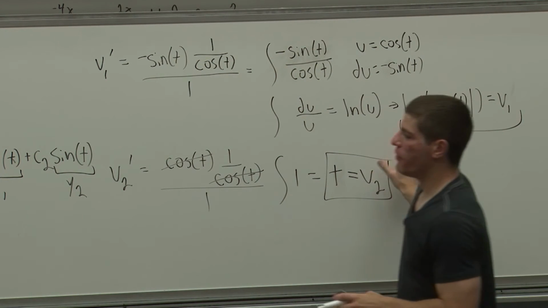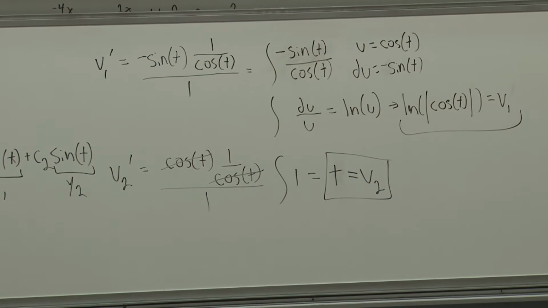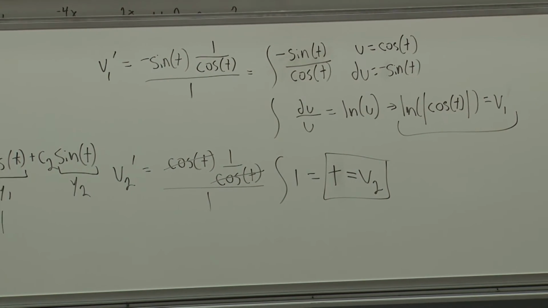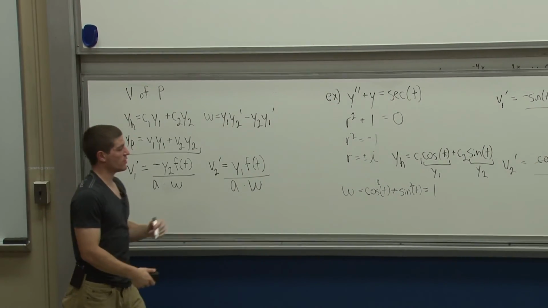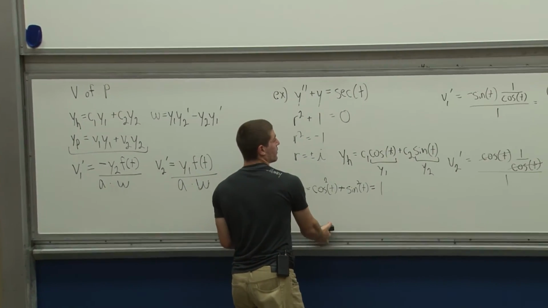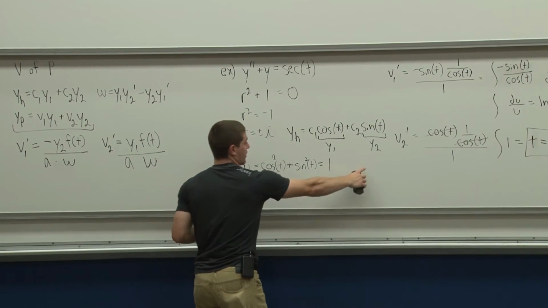All right, so now we have our v1 and v2. Our job is to literally just plug everything into the particular solution, and then add that to the homogeneous. So let's write the answer. I'll move this board up a little bit and write the answer right here.